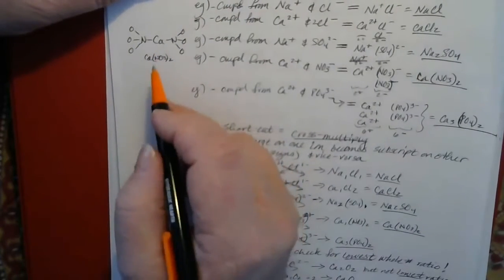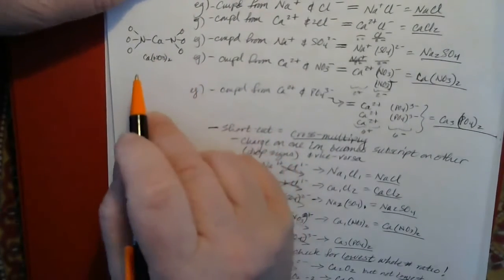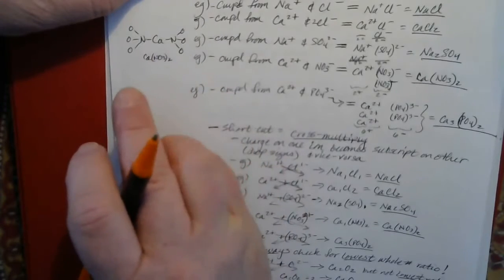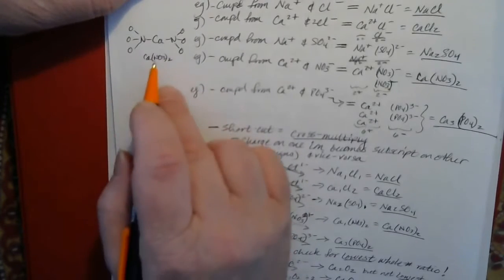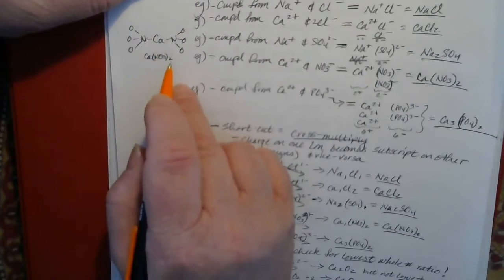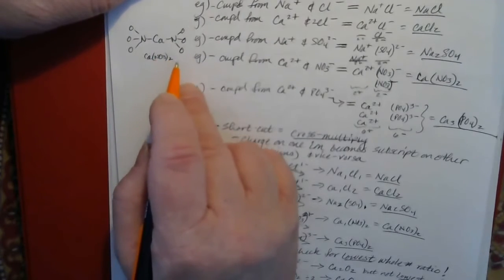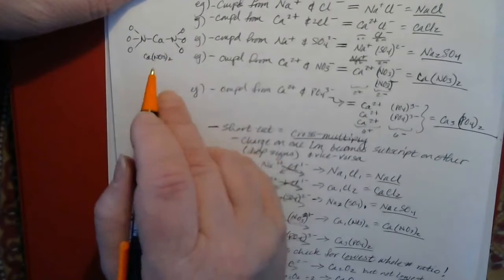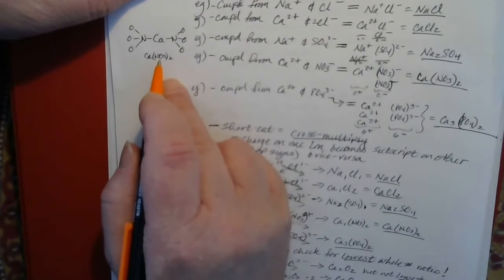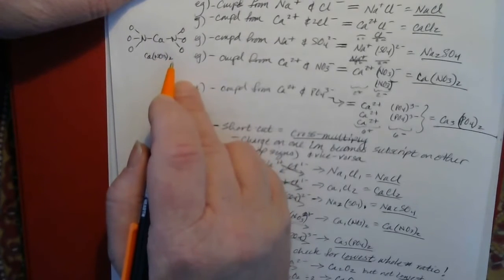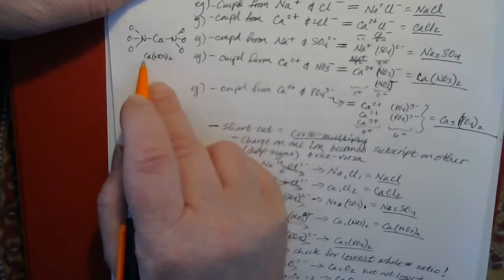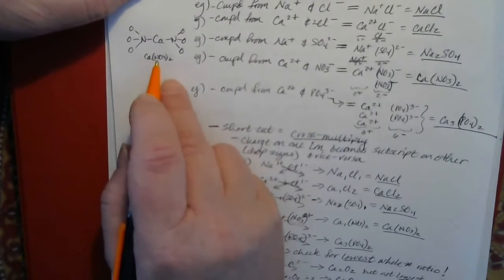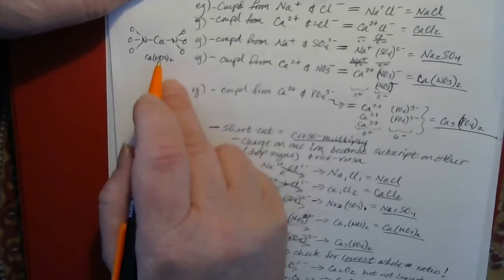If you want to know how many total atoms you have, you look at the formula, you use the subscript for each element. And if it's a polyatomic ion in parentheses with a subscript outside the parentheses, then the total number of atoms of each element would be the subscript inside the parentheses times the subscript outside the parentheses. So when we say we have Ca(NO3)2, that means calcium with 2 entire nitrate ions attached to it.